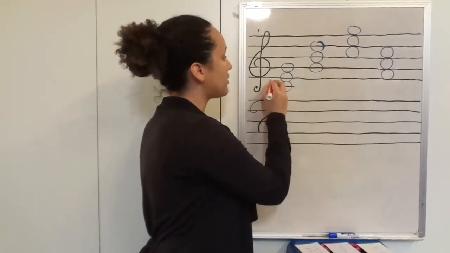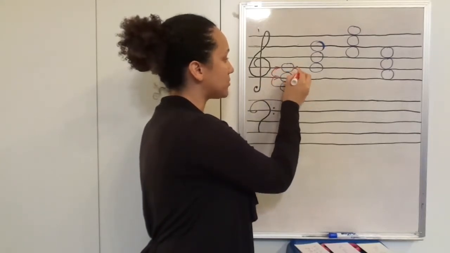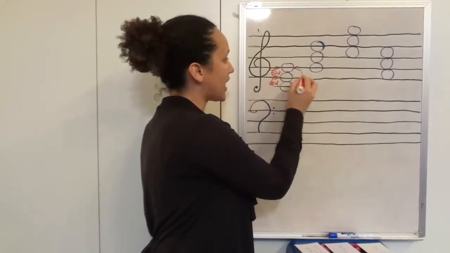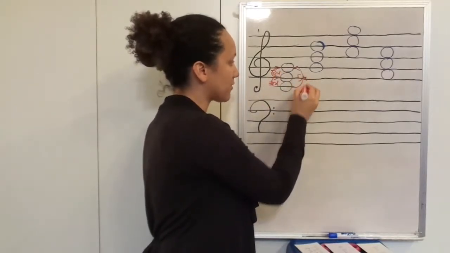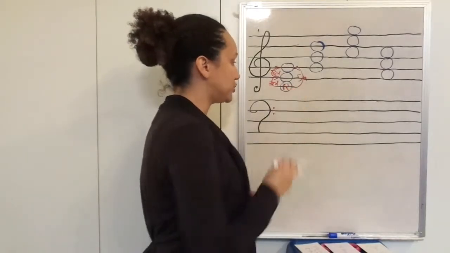A third above, and a third above that, or a fifth from the bottom. So here's our interval of a third, and an interval of a third again, and then top to bottom is our fifth. So we call this one down here the root.